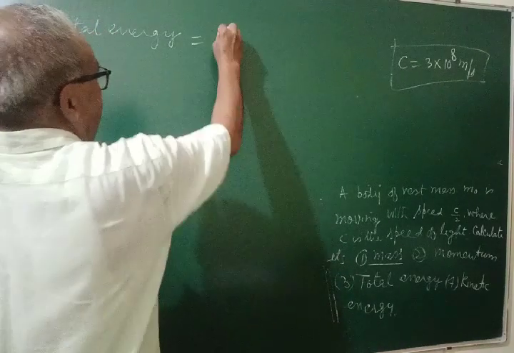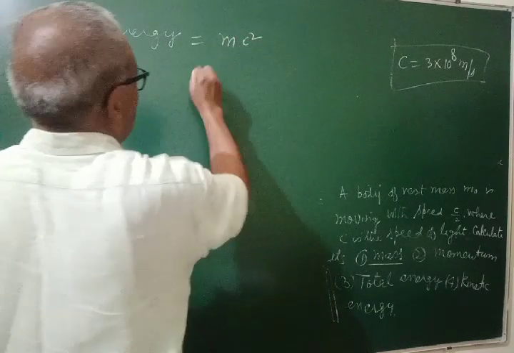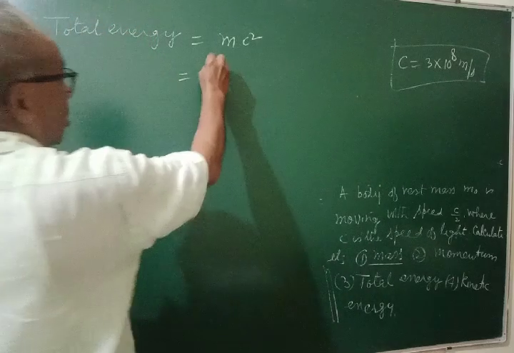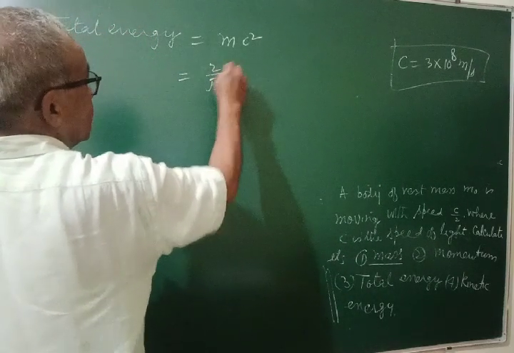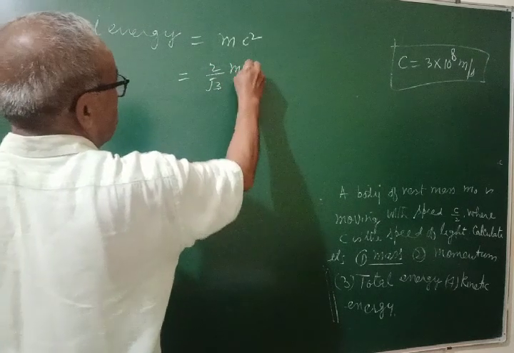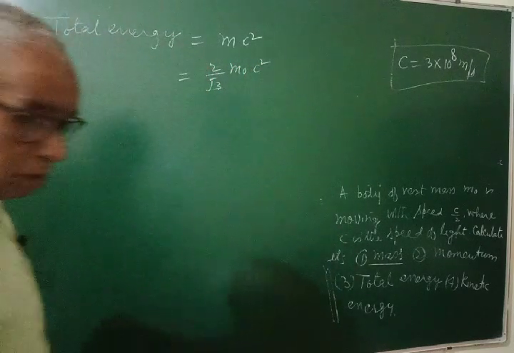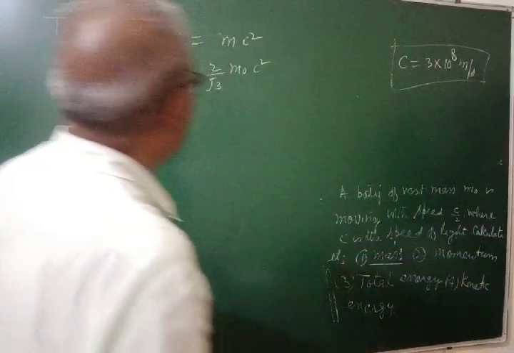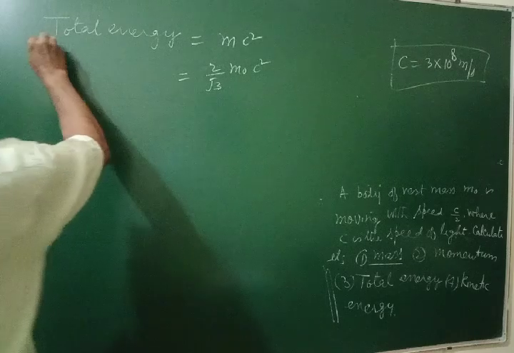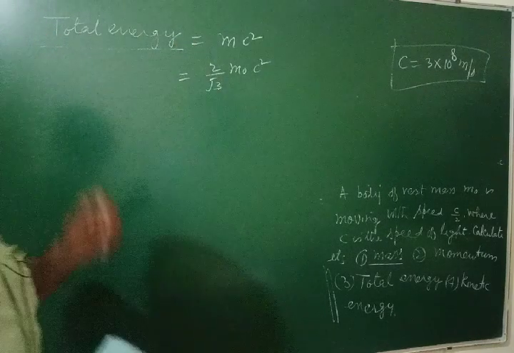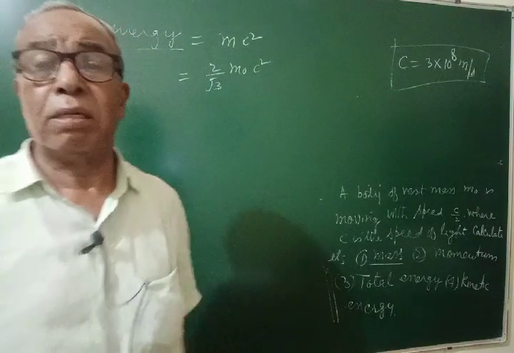Sorry, mc square. What is m here? m equals 2 upon root 3 m0, into c square. This will be the total energy. Total energy means energy equivalent to its moving mass.